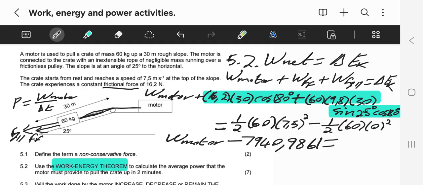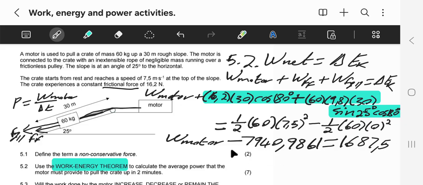This is the other side of the equation, equal to, but we know this one is 0, so we focus only on this kinetic energy. And on the calculator, when I say half multiplied by 60, then 7,5 squared, the value I get is going to be 1687.5.